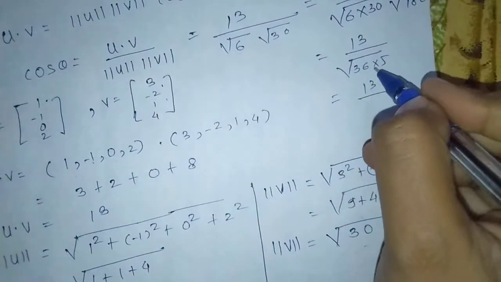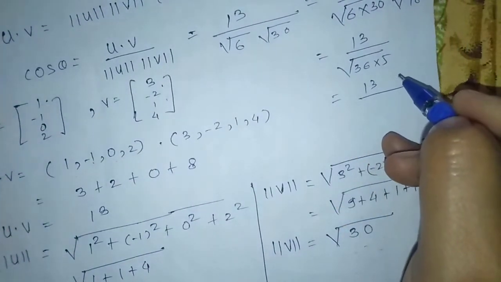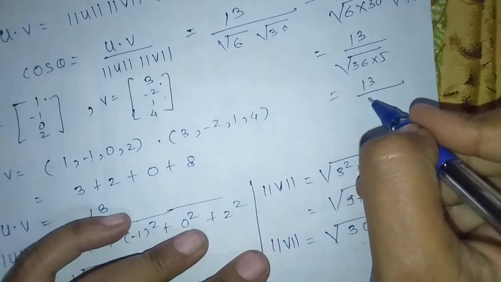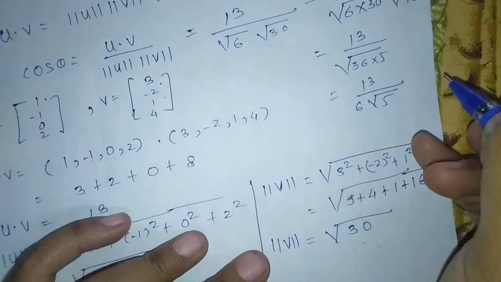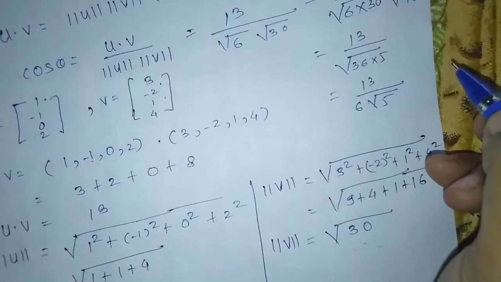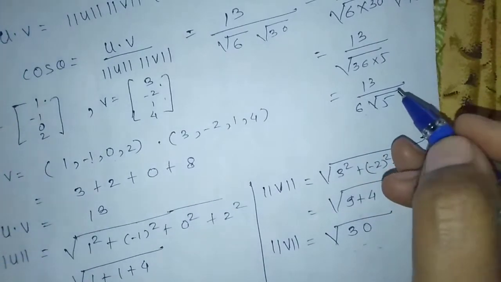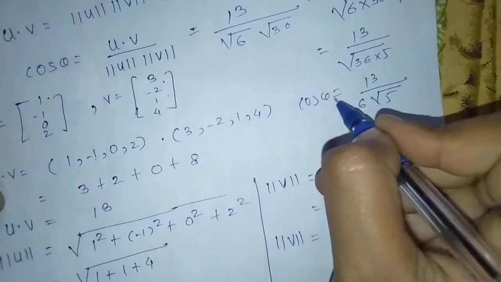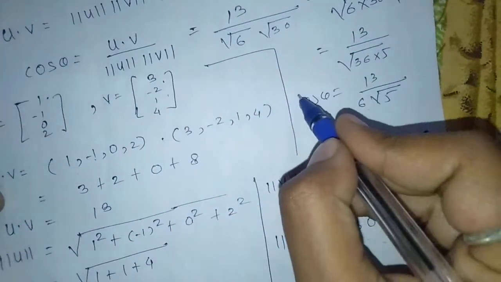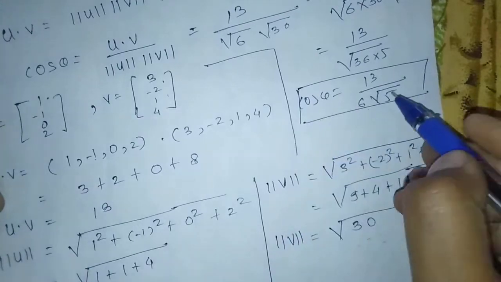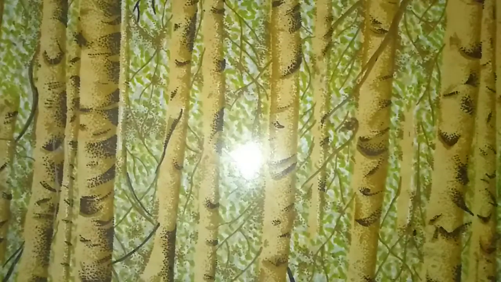So 13 upon root 36 times root 5, and root 36 means 6. So cos theta is equal to 13 upon 6 root 5.